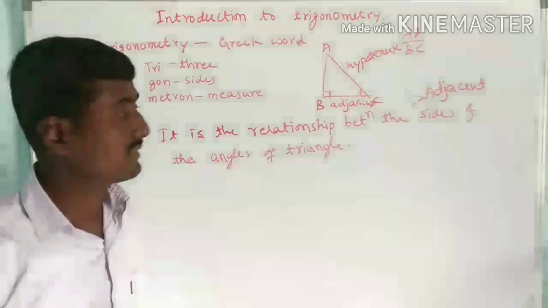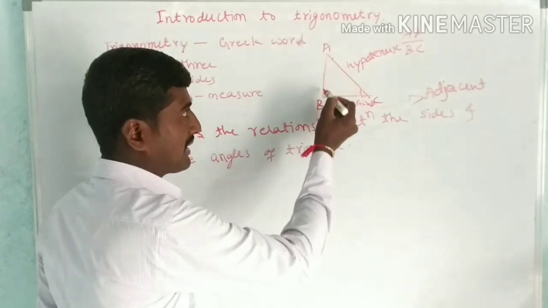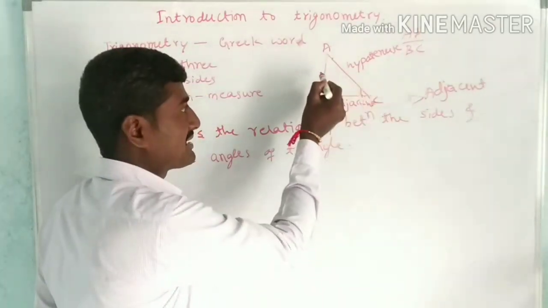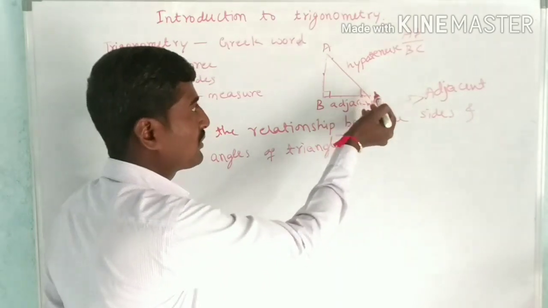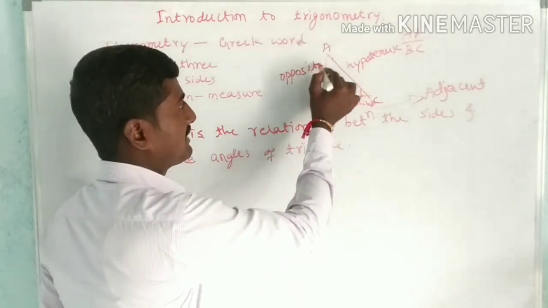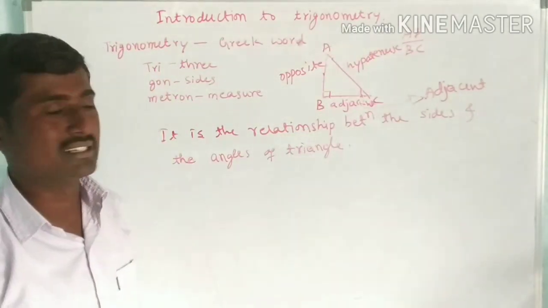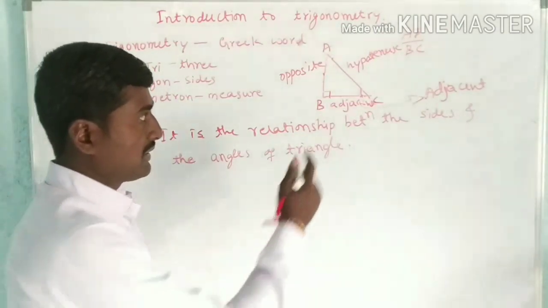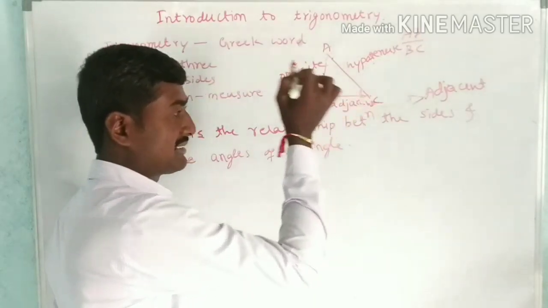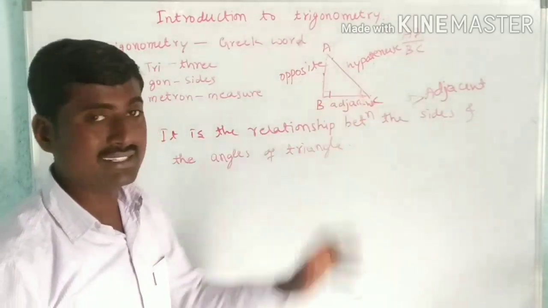Then the remaining one. This side is opposite to the angle you are going to find. The side which is opposite to the angle you are going to find, you can say it as the opposite side. So if I take angle C, this is the opposite side, this is the hypotenuse, and this is the adjacent side, because you are going to find angle C.